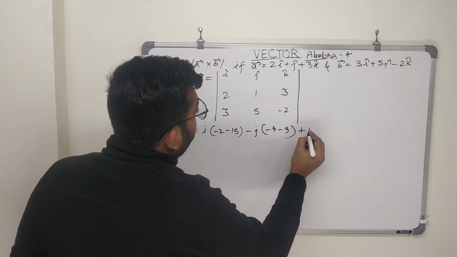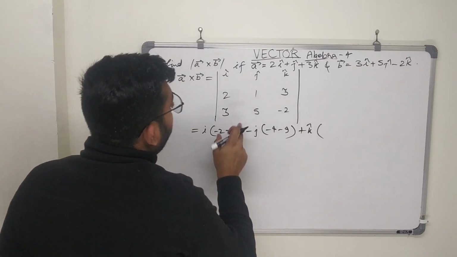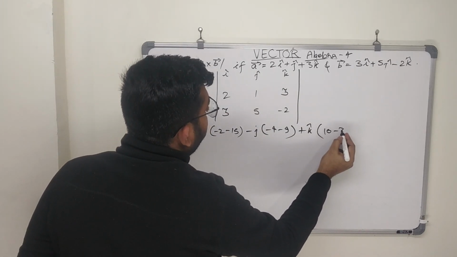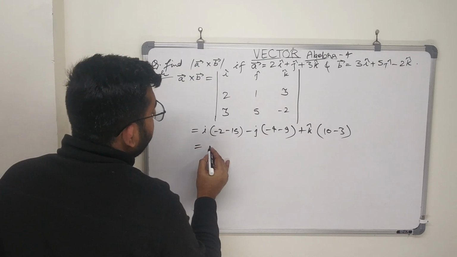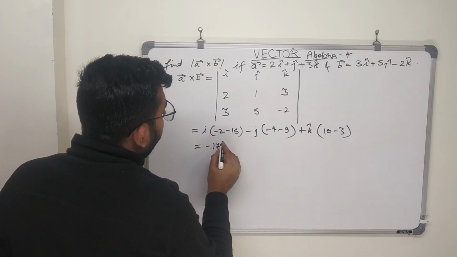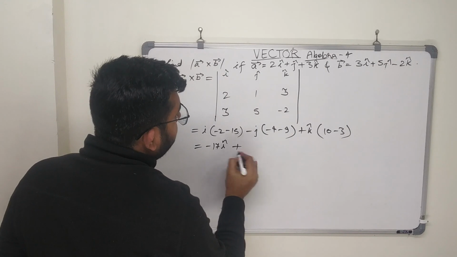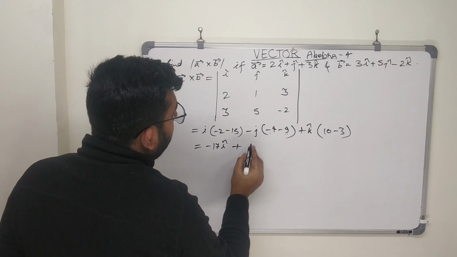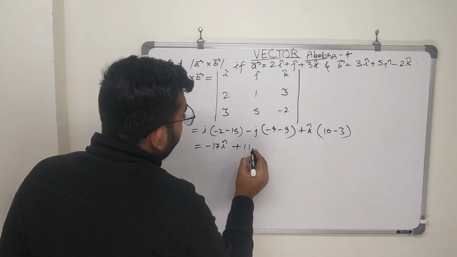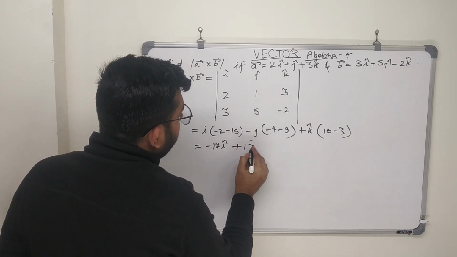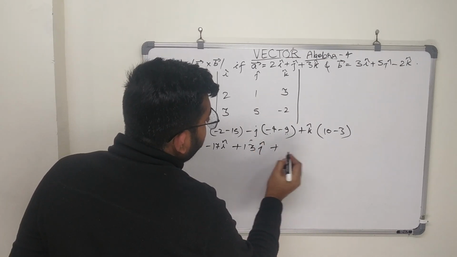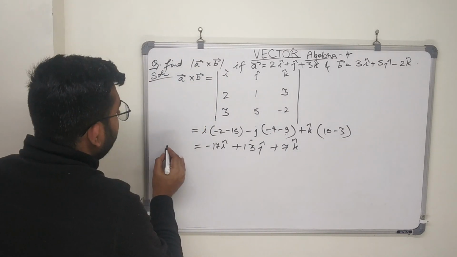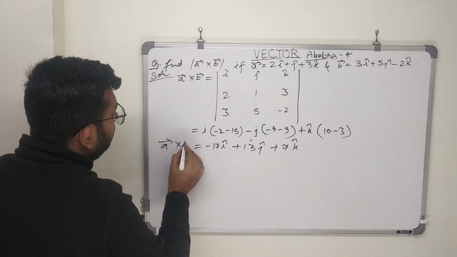Now plus k cap into 2 into 5 minus 3 into 1, that is 10 minus 3. So simplifying, that is equal to minus 17 i cap plus 9 plus 4, that is 13 j cap plus 10 minus 3, that is 7 k cap. So this is the vector A vector cross B vector.